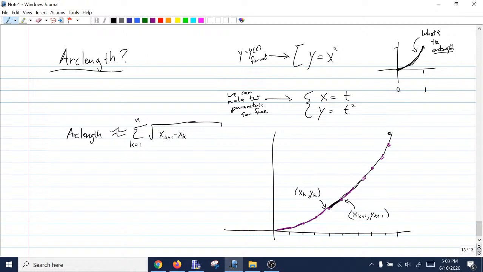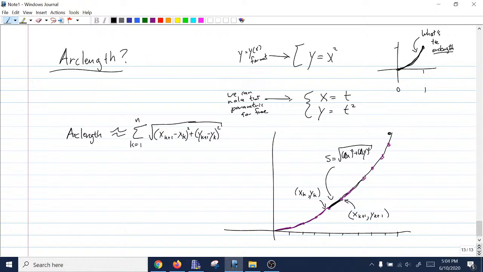The distance between this point and this point is the square root of the difference of the x's squared plus the difference of the y's squared. I'm using deltas just as an abbreviation for difference of the x's squared, difference of the y's squared.